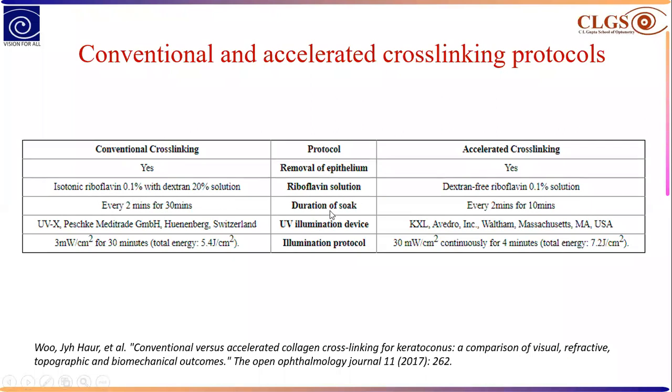The duration of soak means the duration of putting riboflavin: here after every 2 minutes, and here also every 2 minutes, but for 30 minutes duration here and 10 minutes duration here. The illumination protocol here is 3 milliwatt and here is 30 milliwatt. Also note that in conventional cross-linking, some machines also use 8 milliwatt, 10 milliwatt, or 9 milliwatt in this standard.